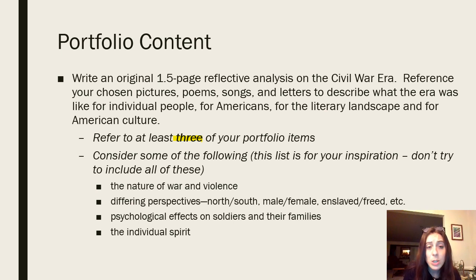With the personal nature of poetry and letters, you're going to see some psychological effects on combatants and on family members, on people who are at home, and then what the individual human spirit is like at this time, because as our other video said, it goes through a lot of changes in what people believe about humanity.